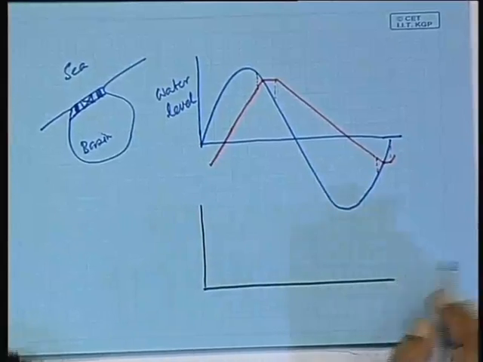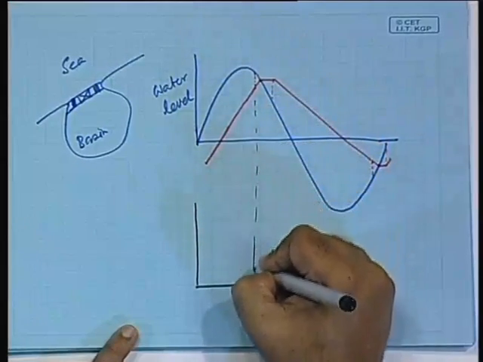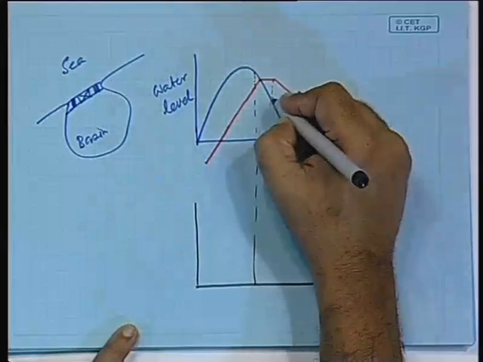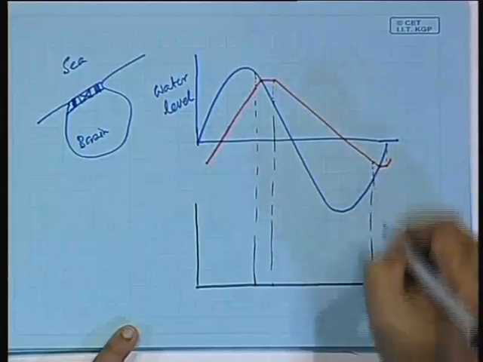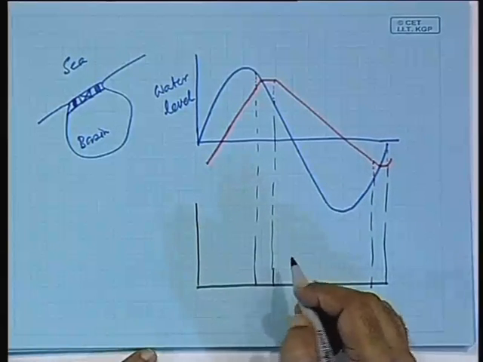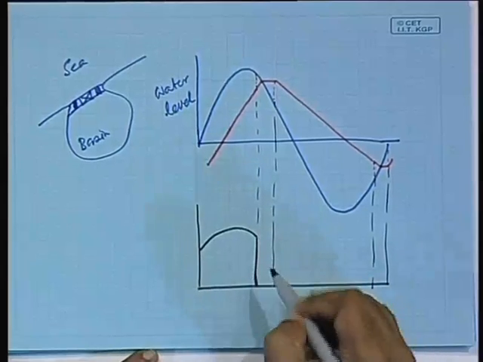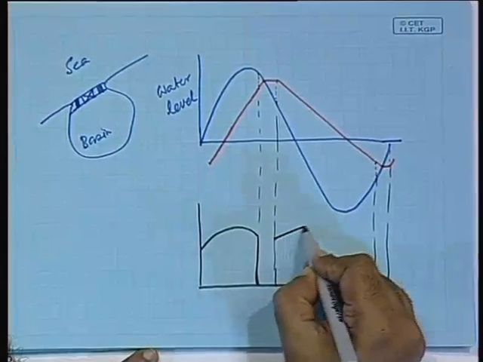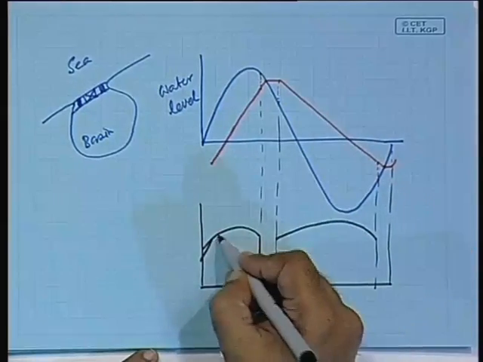Power generation curve will be, notice that at this time you have the power generation stopped, at this time it is again started, at this time it is again stopped, at this time it is again started, and in between you have the power generation curves like this. At this time it is highest.